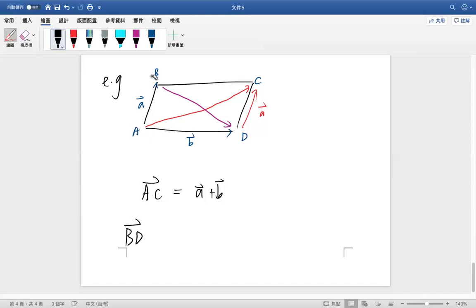If we add A with BD, we will get the vector B. Is it correct? Yeah, exactly. So BD plus A equals B. So BD is actually B minus A. Does that work? Wait, I'm confused.